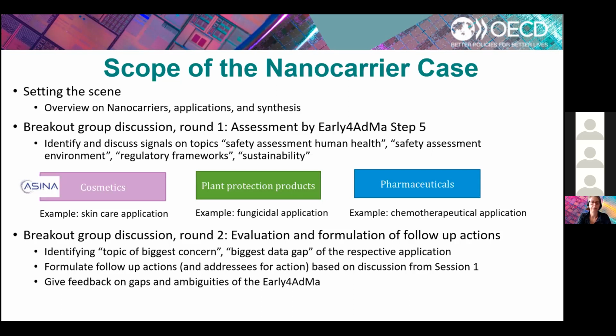We then formulated follow-up actions, and also addressed who should take over these actions based on the discussion from the first breakout group session. And we also collected feedback on the gaps and ambiguities of the Early4AdMa system.